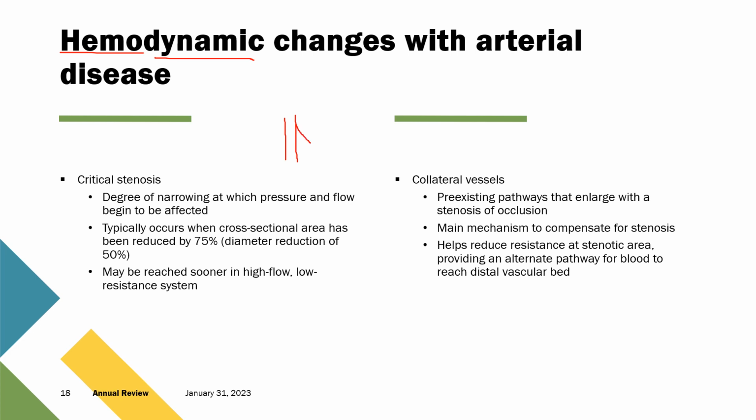Unless there's a lot of pressure, say if I had a stenosis down here causing a lot of backup of blood flow prior to the stenosis, that increased pressure could cause that pathway to cannulize and open up and become a collateral vessel. This is an excellent mechanism to compensate for stenosis. It will allow blood to get around a stenotic area and still provide vascularization to tissue beds that would otherwise be obscured.